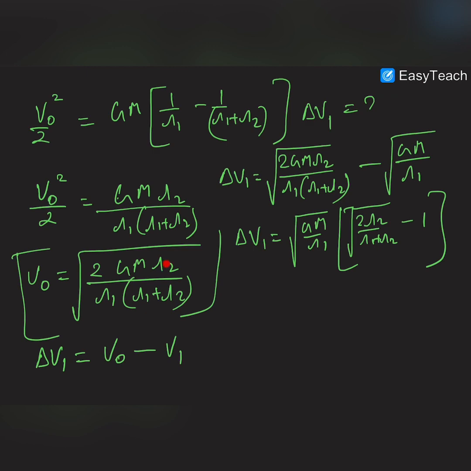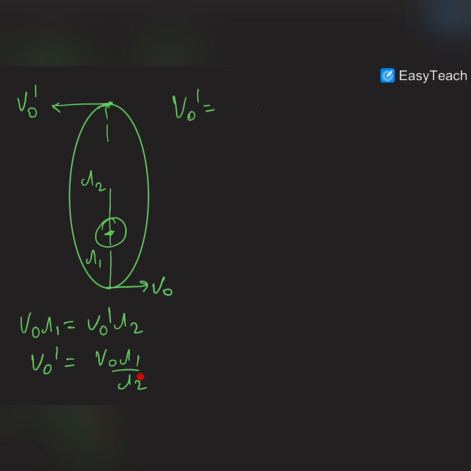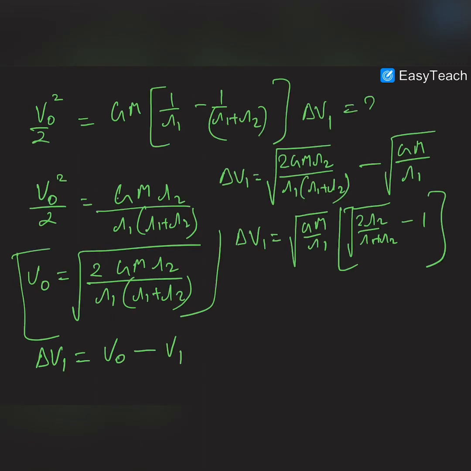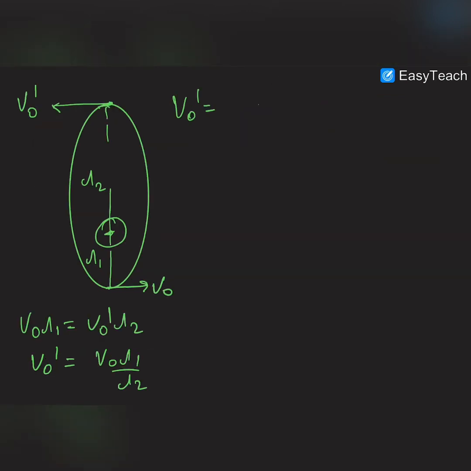You can see that there is a root of r2 by r1, and if we multiply this complete expression with r1 by r2, there would be r1 by r2 inside the root. So this expression would be under root of 2gm into r1 by r2 divided by r1 plus r2.